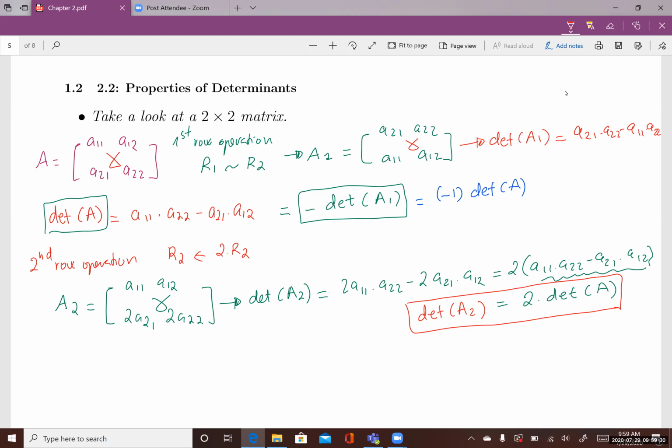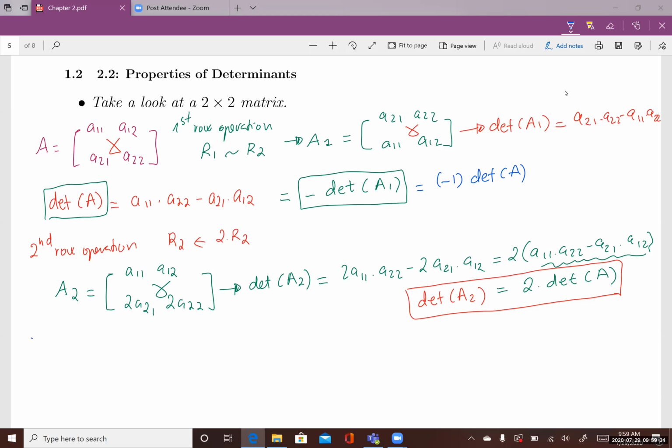All right. Well, how about the third row operation? Let's say you take row 1 and you add -2 times row 2. Okay.